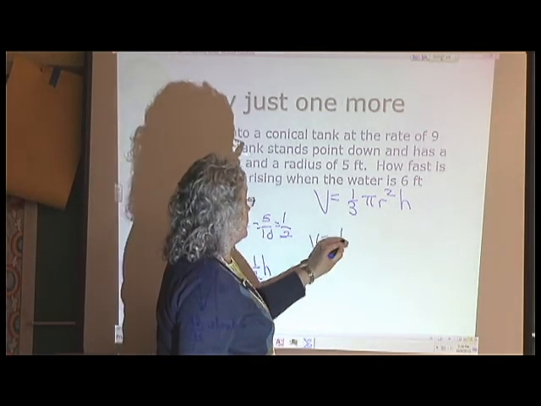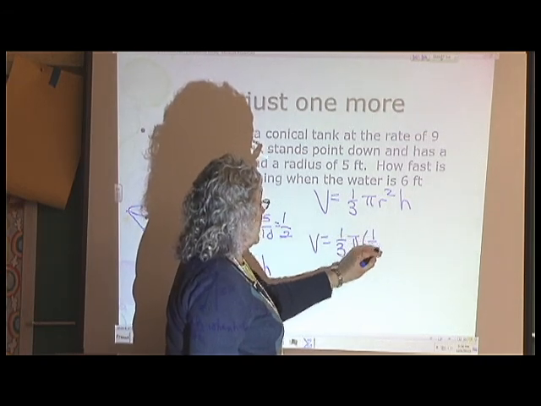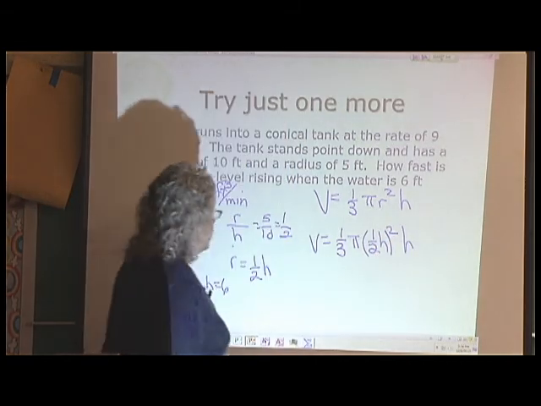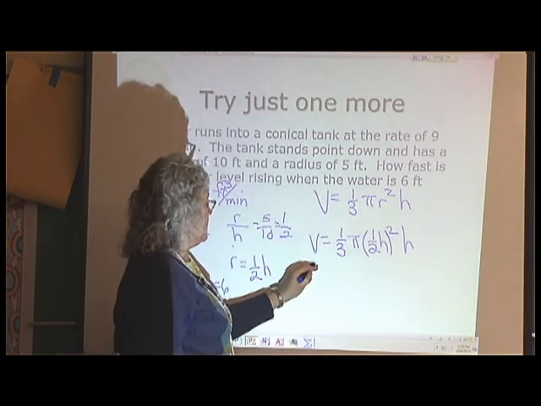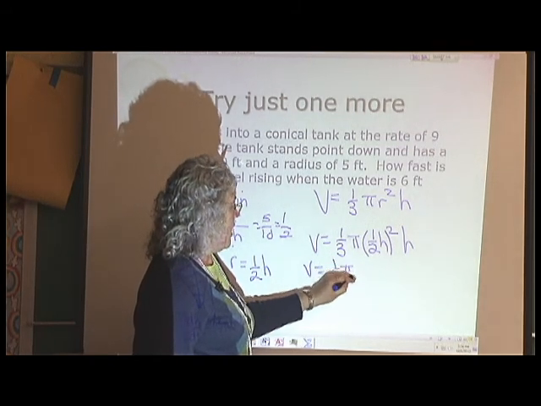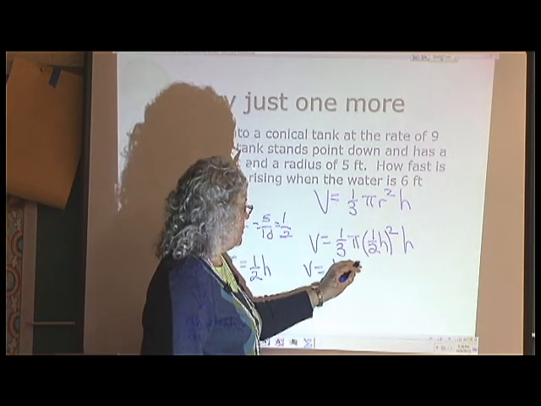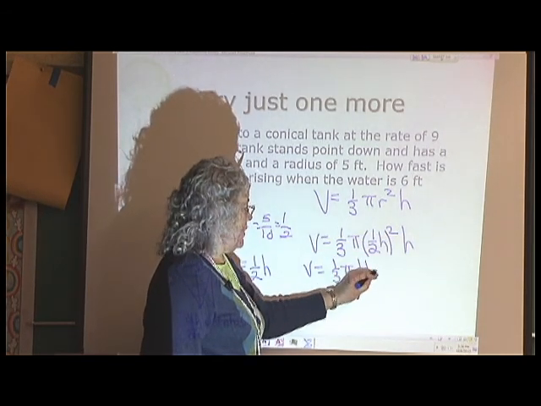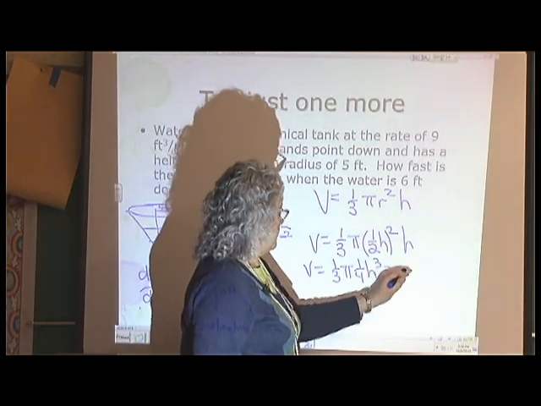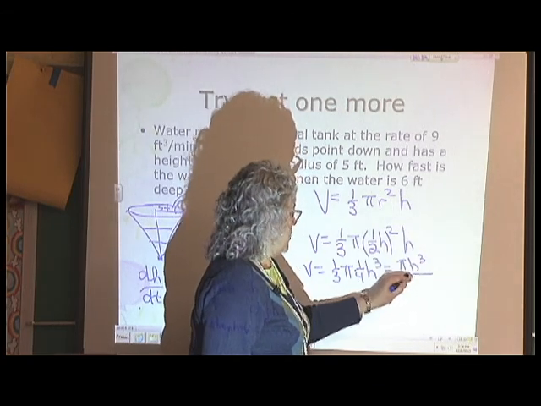V equals 1/3 pi times 1/2 h squared times h. And when you simplify, you have 1/3 pi, that's 1/4 h squared times h, so that's 1/4 h cubed, which is pi h cubed over 12.